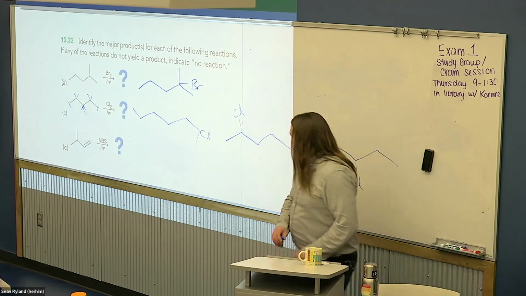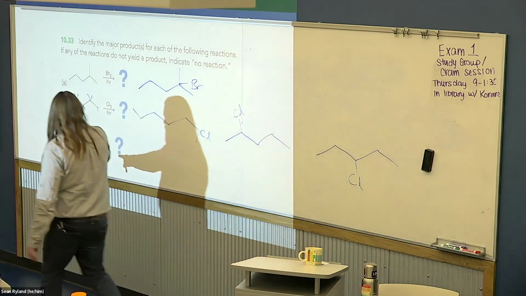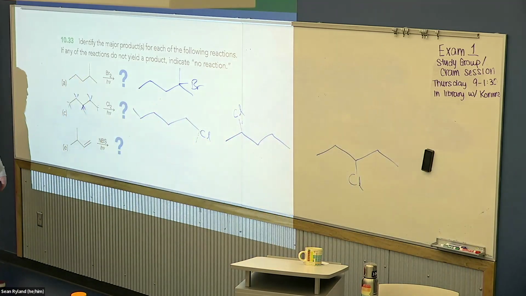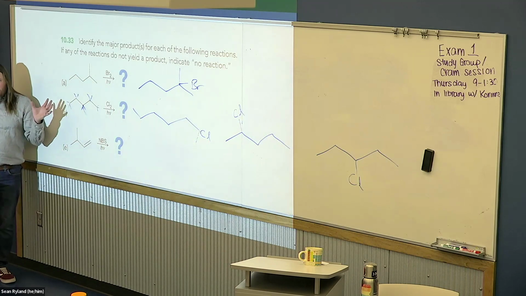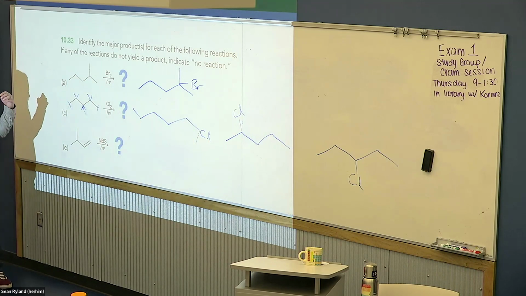All right. This bottom one, this is one we just added, right? So NBS and light, this is a nice thing. When we start adding in alkyne reactions and alkene reactions and free radical reactions, they're all going to be on the same midterm, right?